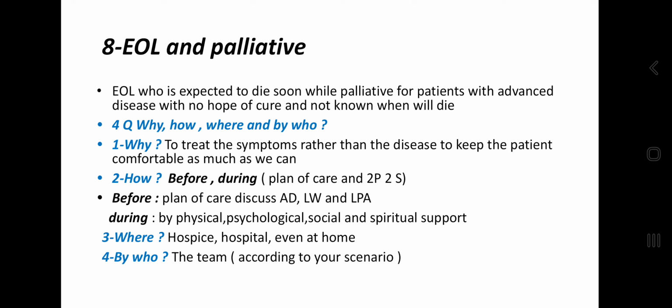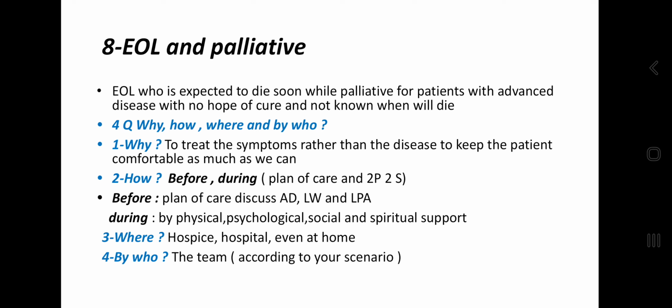We want to decide a plan of care for your father, for example. Does he nominate anyone to take decisions in case he is unable to do so, or does he have any document that tells what he wants to be done in such a situation when he cannot take decisions, and so on. This is before.